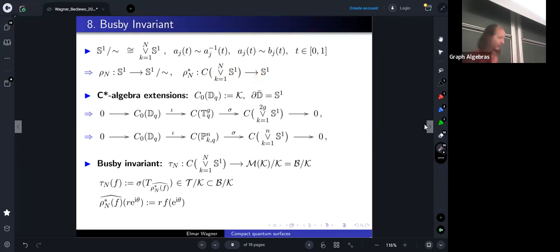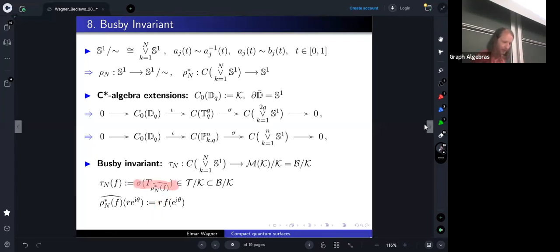Now we take the quotient of the circle by our boundary conditions, and this quotient we pull back, so we get functions on the circle. We lift it to a Toeplitz operator. That's here. We take the functions, take the pullback. We define a function on a circle. We extend it by just multiplying with the radius. It gives a continuous function.